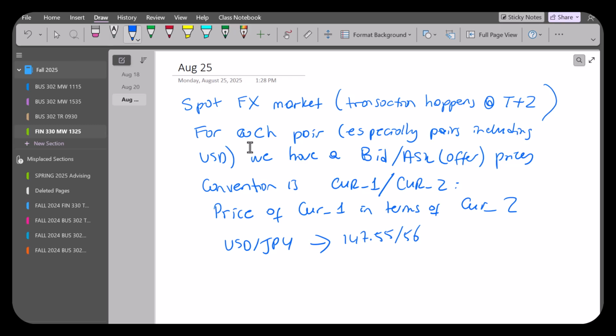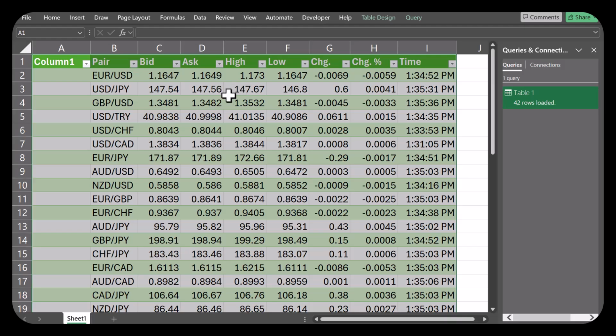But in other currencies, for example, this is price of 1 US dollar in Japanese yen. Euro USD is 116.47.49.